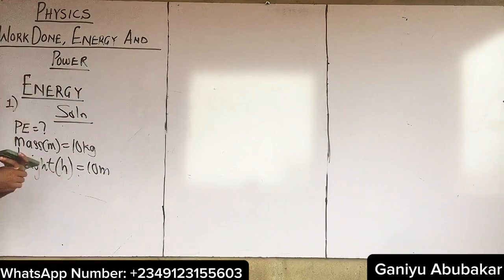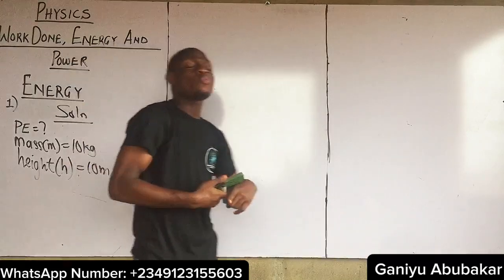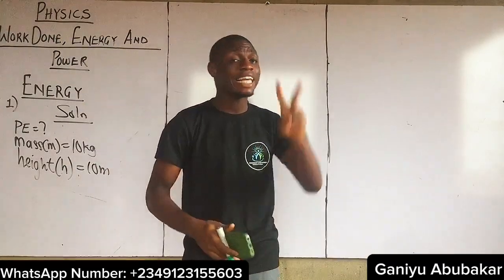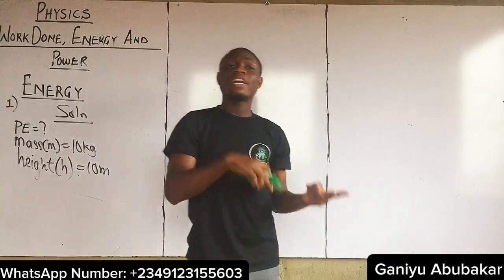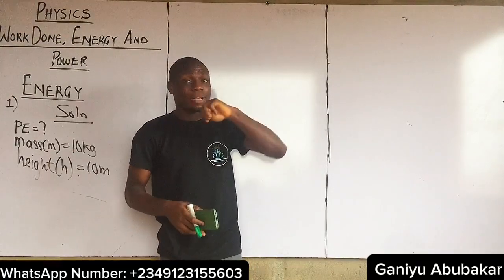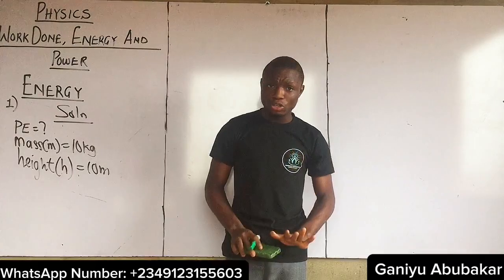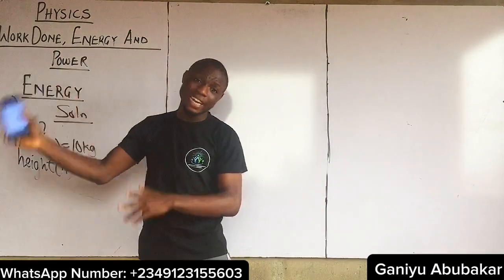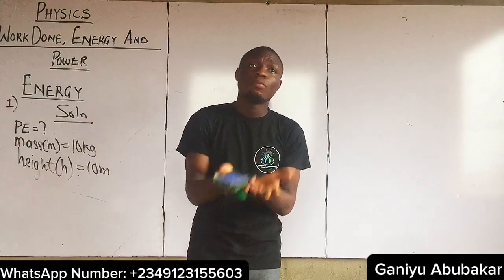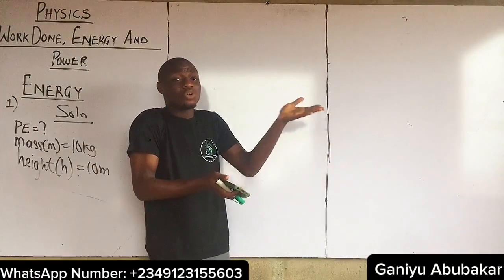So when it comes to the mathematical expression for potential energy, I gave you 2, and observe that those 2 are the same. Number 1 is the real mathematical expression for it, which is mass times gravity times height, and I gave you those for potential energy, elastic and gravitational.